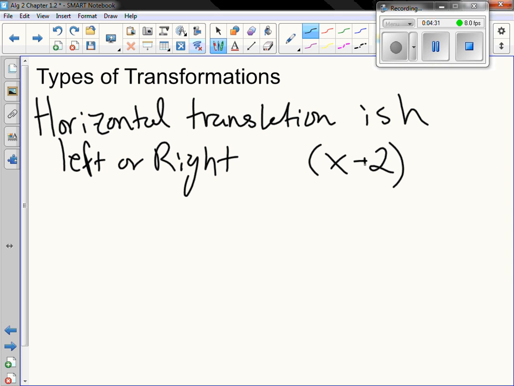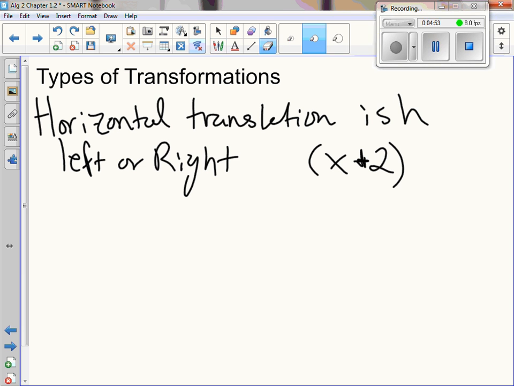Now, if it was plus 2, then it would be to the left. Because again, our basic function inside parentheses is always minus h. So when we have minus 2, the actual value for h is positive 2, so it's moving to the right.